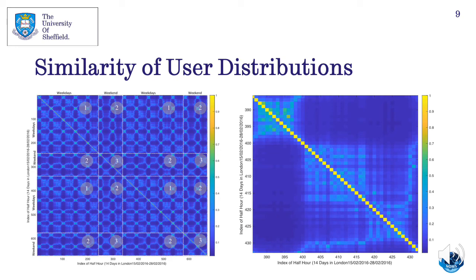We can see different blocks, which I mark with 1, 2, and 3. In the first, that's weekdays with weekdays, weekdays with itself, weekdays with another week's weekdays. And then weekends compared with weekdays, and weekends compared with weekends, weekends compared with another week's weekends.